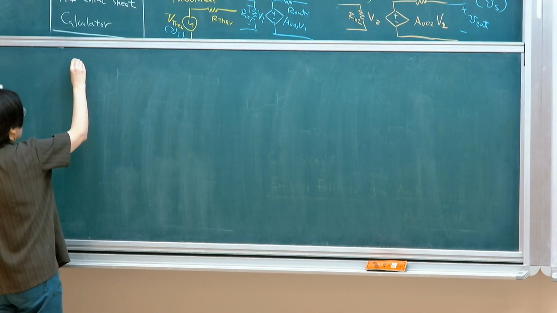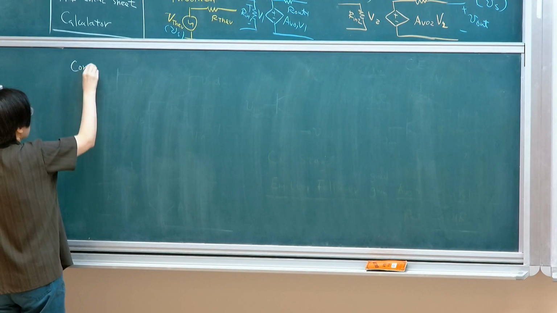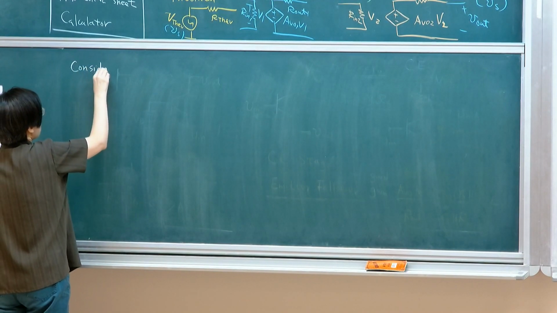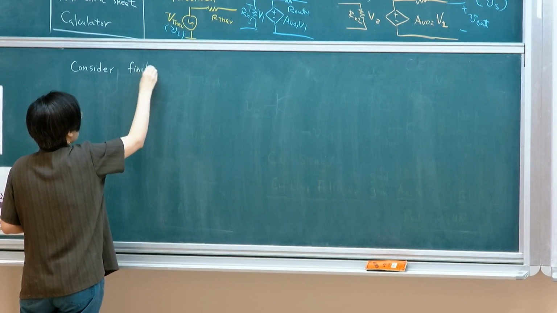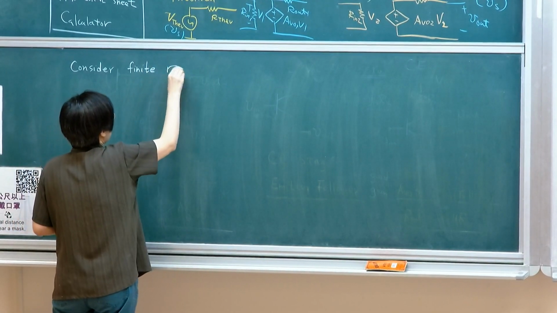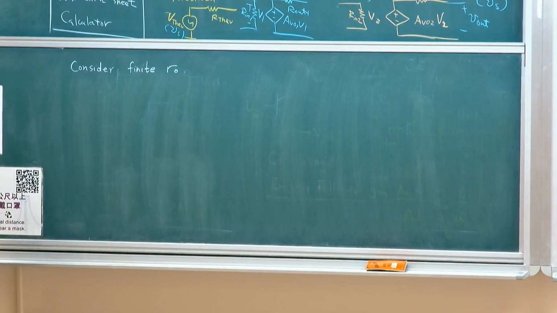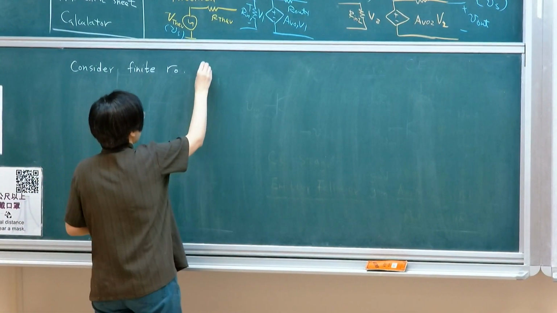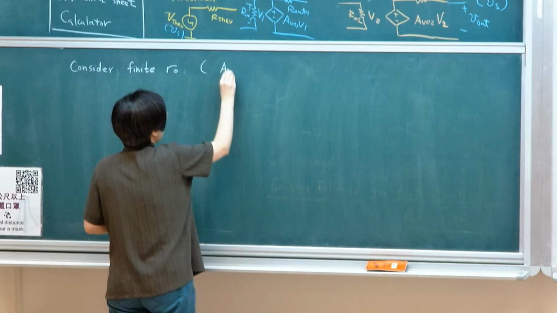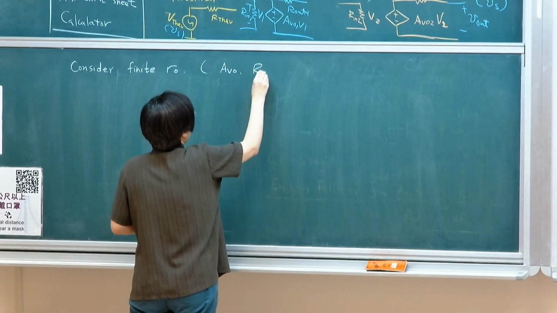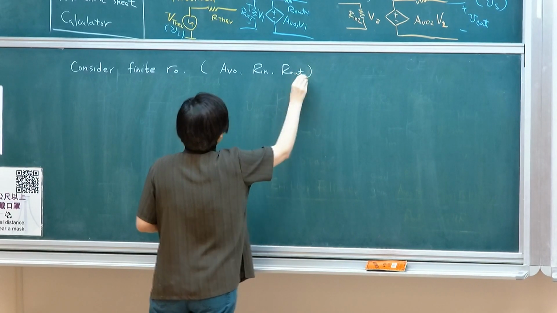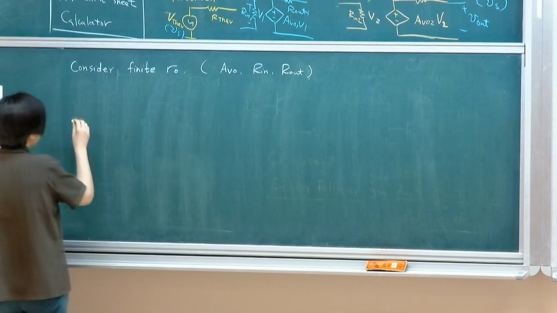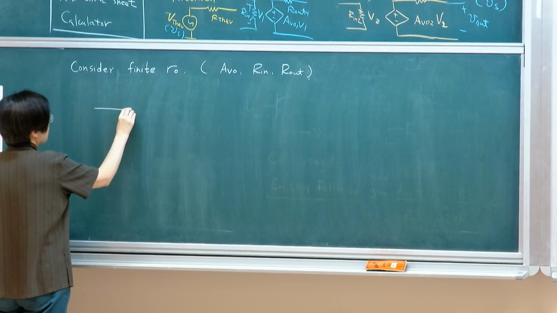What if you consider a finite RL? What is the implication on our 2-port model? So with finite RL, what should the AVO, Rin, RL be? First of all, let's just draw the model itself.